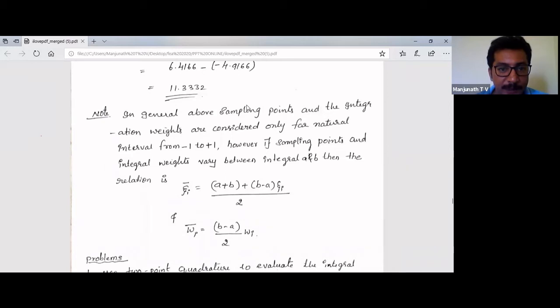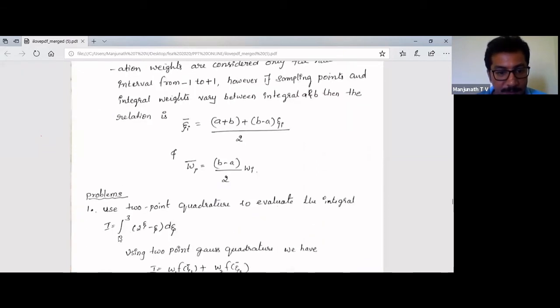In general, in the 2 to 3 problems we have solved above, the parameter values we have got are for the integral varying from -1 to +1. However, if the sampling points and the integral weights vary between the integral limits A to B, then the relation is given to calculate zeta I dash, which gives the equation like this.